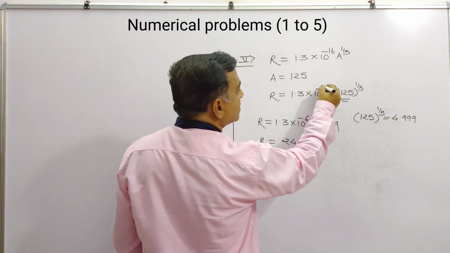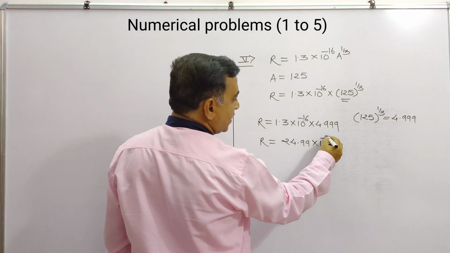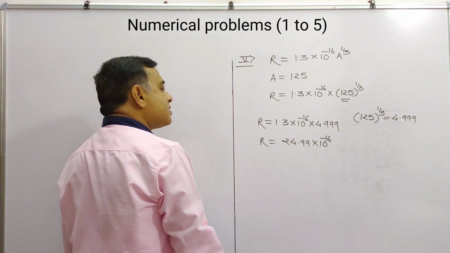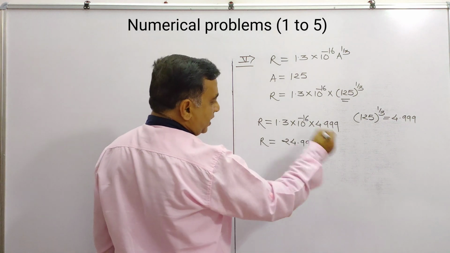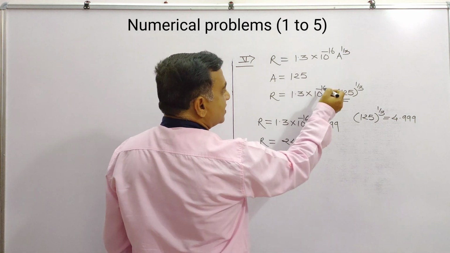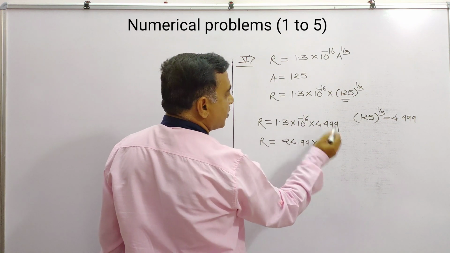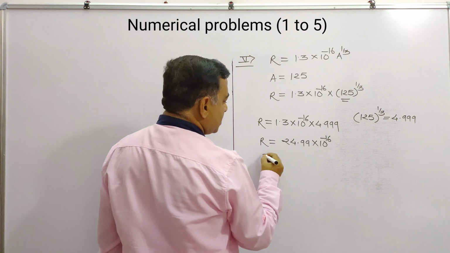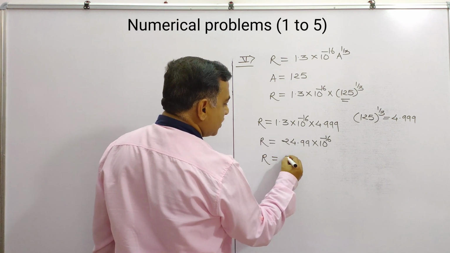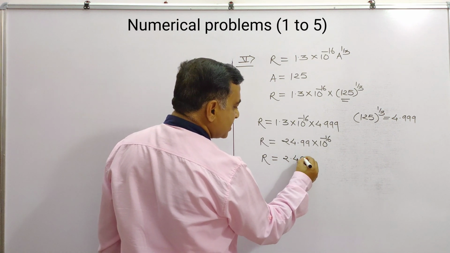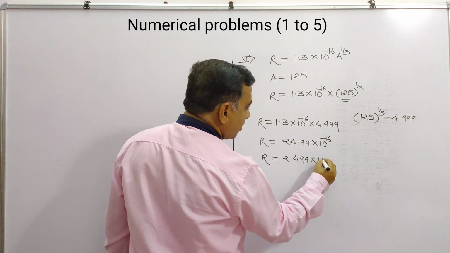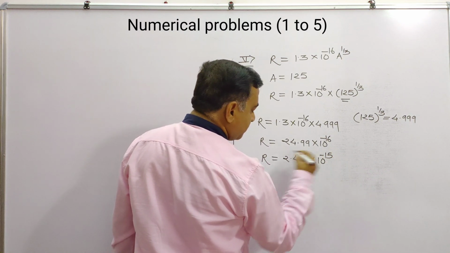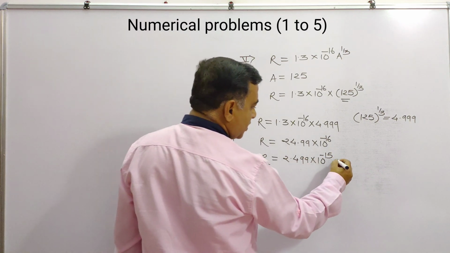Sorry, here it is 10 raised to power minus 16 as it is. So if we shift the point, R is equal to 2.4 in single digit into 10 raised to power minus 15 in meter.